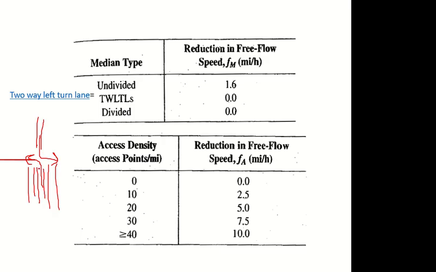If you want to turn left, you will wait for your turn in this extra lane. You will not stop any traffic. So no signals and nothing required here for left turning. It's a smart way of dealing with left turning.